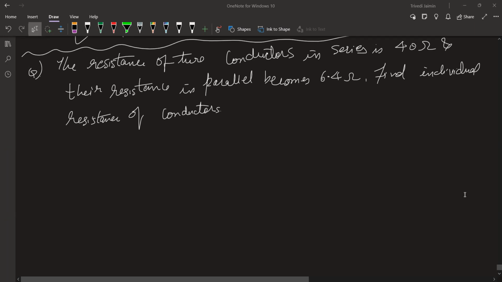Sharanya, you got a quadratic equation? Yes, sir. What is that equation? Sir, I just got two equations, that a plus b is 40 and ab is 256.